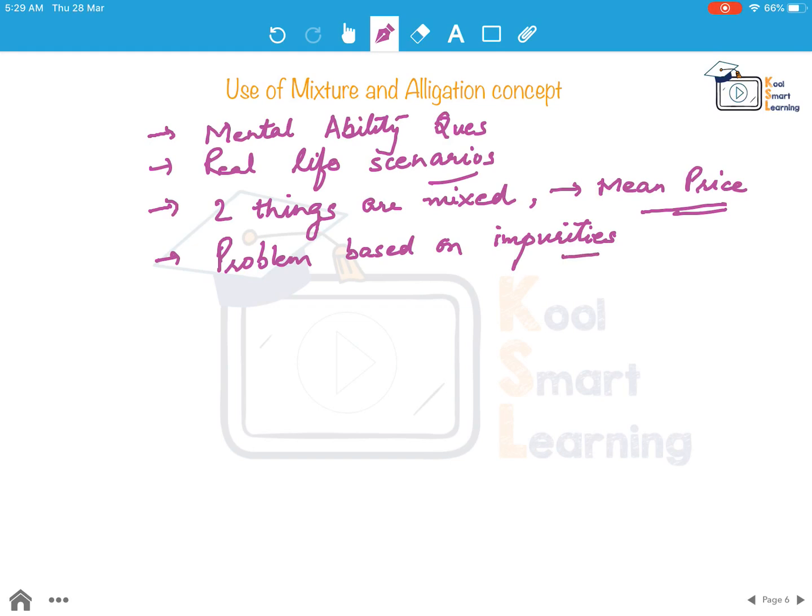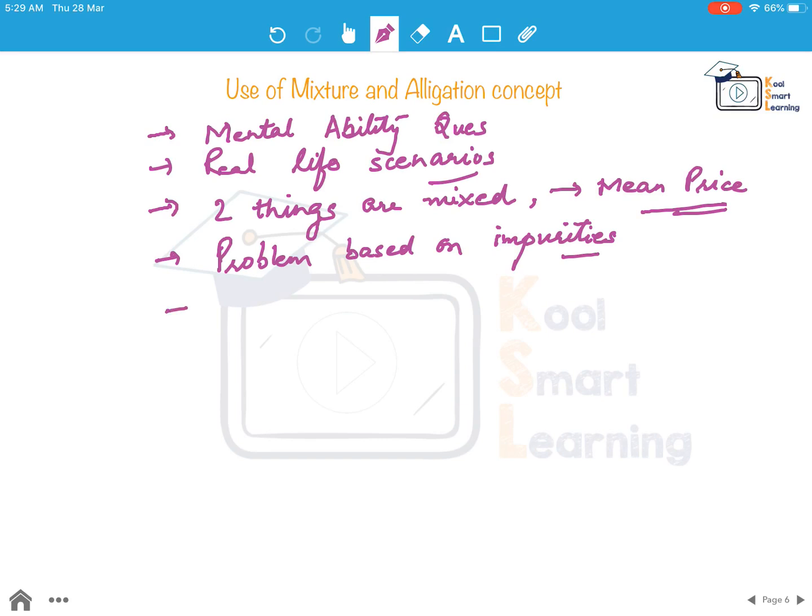So the example that we talked about where water is mixed with milk, that kind of concept, this mixture and alligation concept will be used to find out how much is the impurity. If we know the pricing, if we know the other things are provided to us, we can find out what kind of impurities, what proportion of impurities are there.